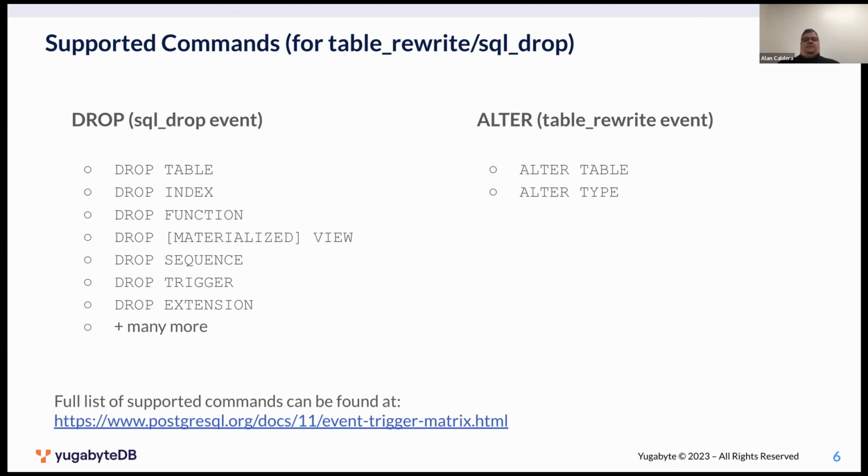The list of alters that actually qualify for table rewrite is pretty small. From what I've been able to determine from the documentation, they only really qualify in ALTER TABLE and ALTER TYPE.